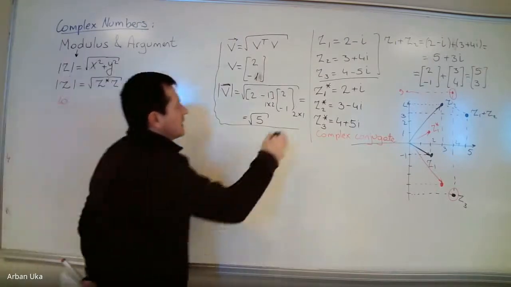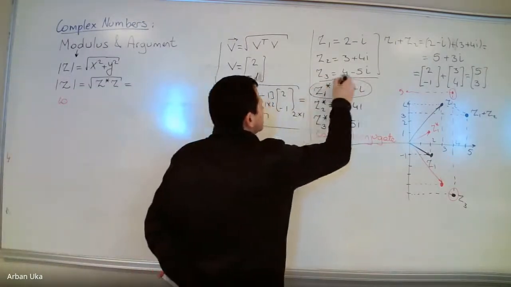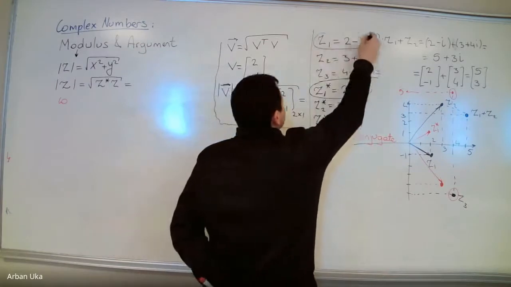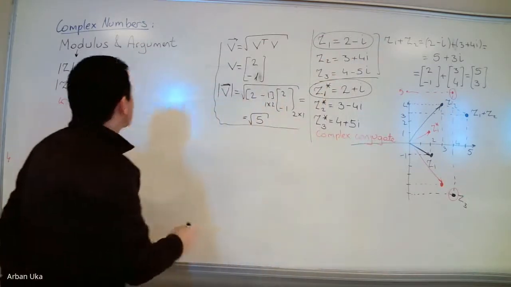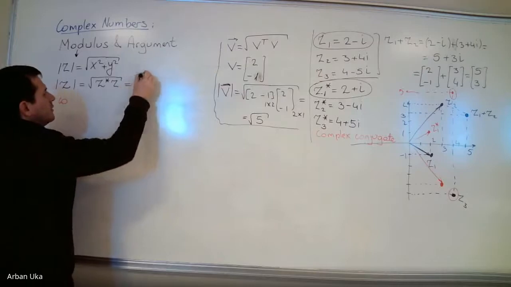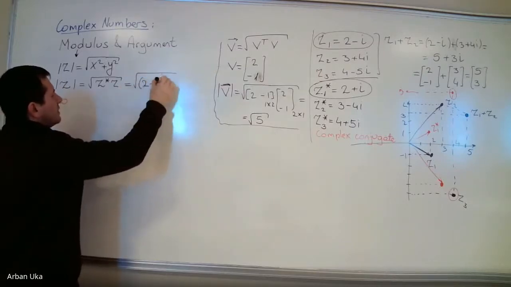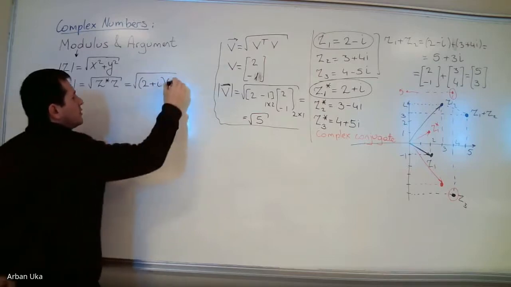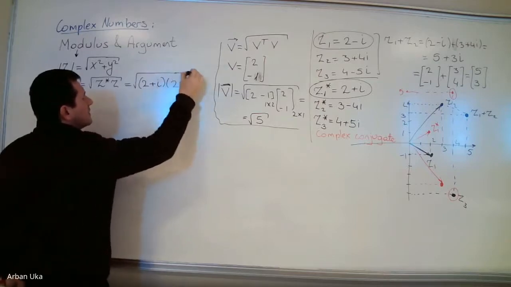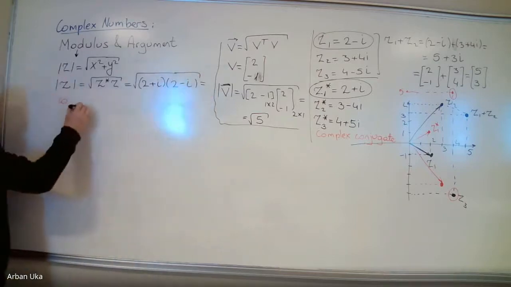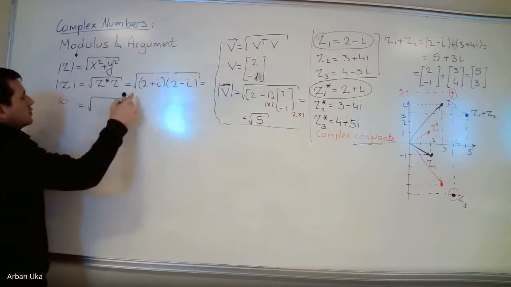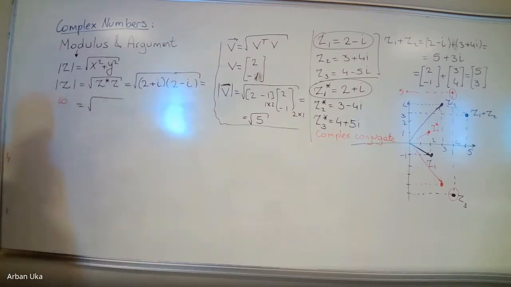So let's multiply this number with this number, because this is the Z complex conjugate. We will have here the square root of 2 plus I times 2 minus I. What is 2 plus I times 2 minus I?